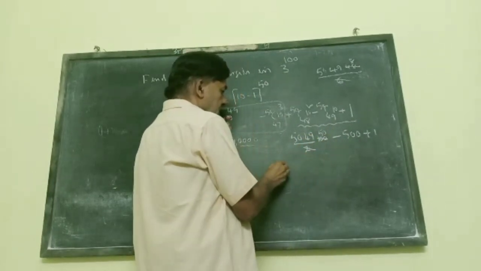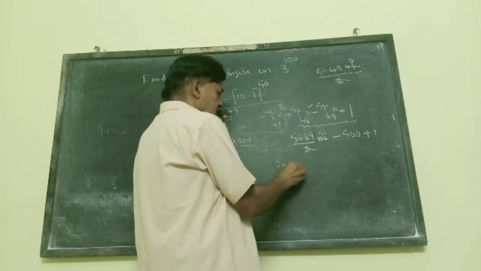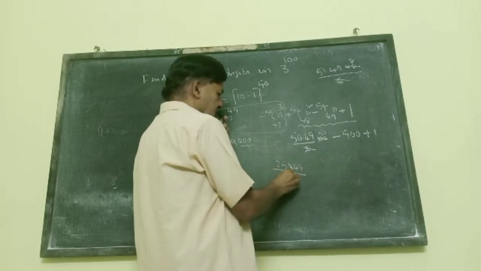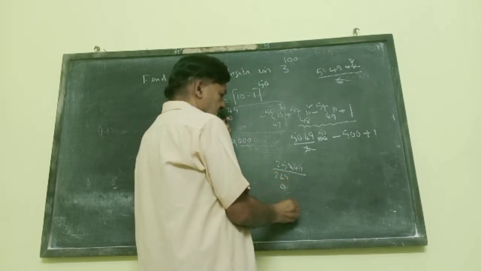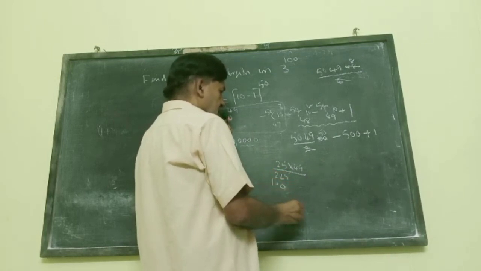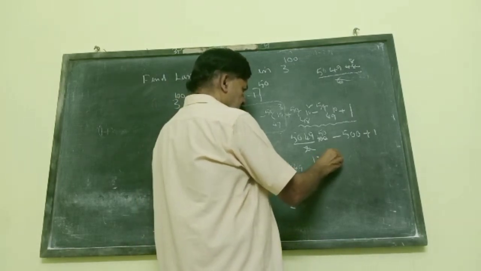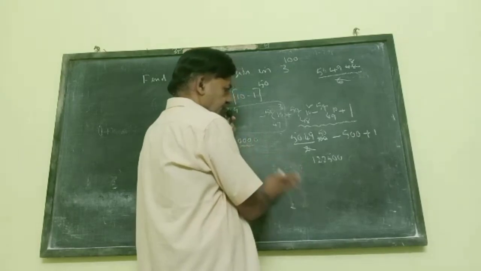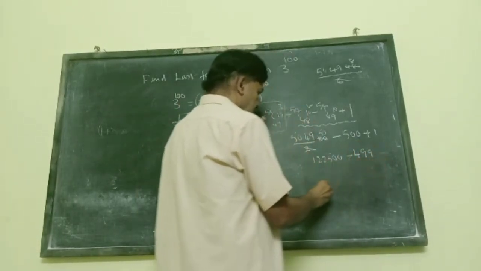Simplify. 25 into 49 is 1225 double, minus 499.